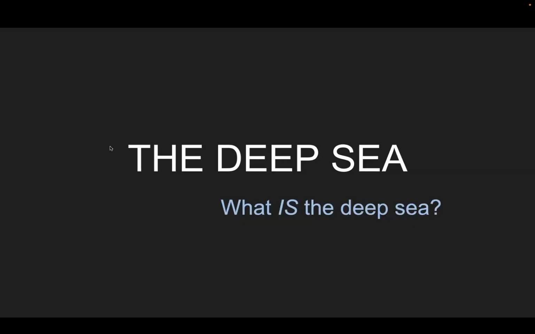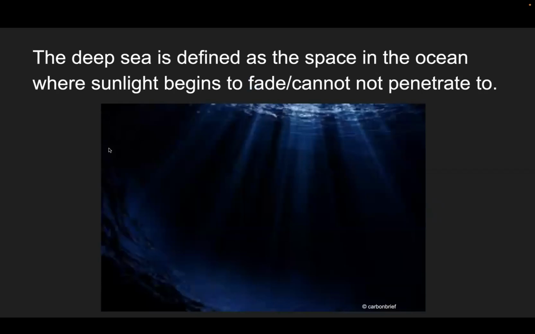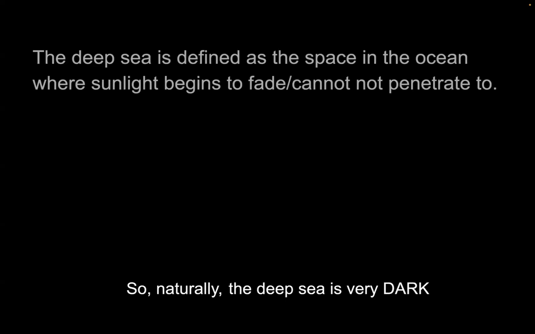So first off, what is the deep sea? What makes the deep sea the deep sea? The deep sea is defined as the space in the ocean where sunlight begins to fade, or cannot penetrate to. So naturally, the deep sea is very dark.